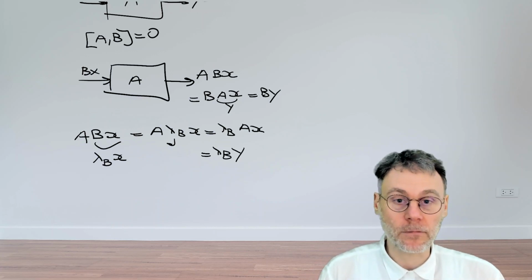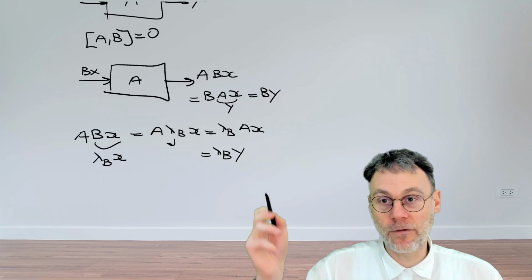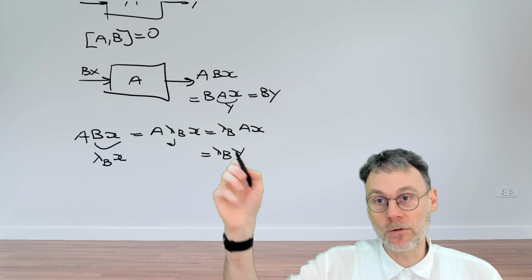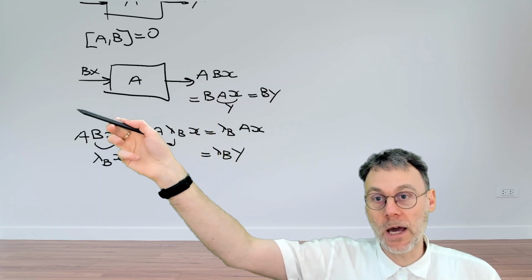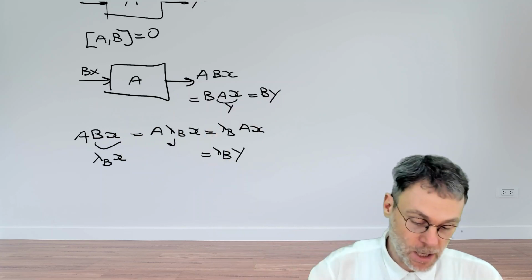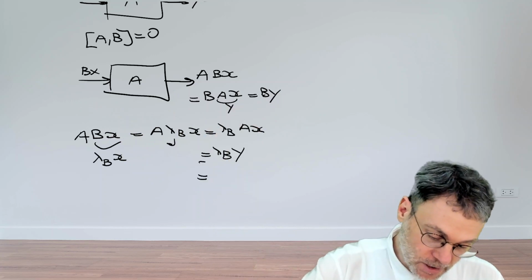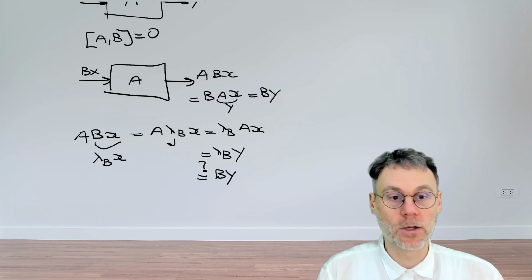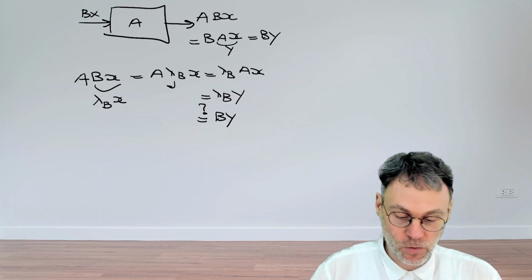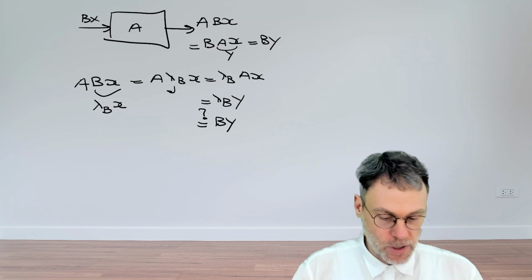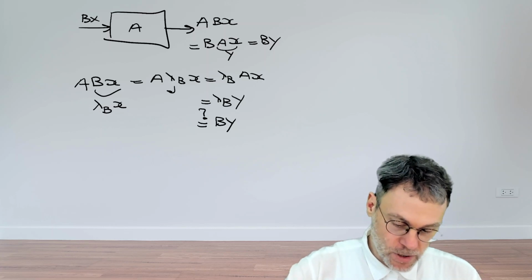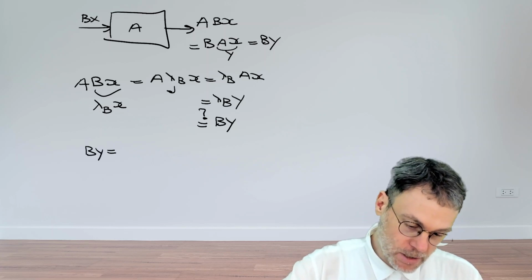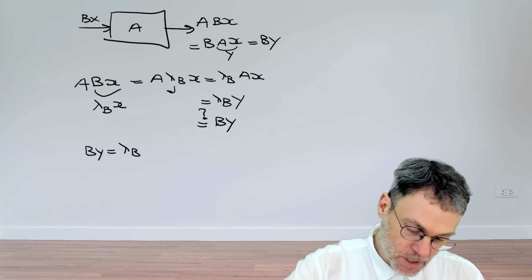Okay. Now, what we would really like to have is that we can also derive something similar, namely if A operates on Bx, we get back By. So we would like to have that this thing here is also equal to By. So this is what we need to look at. So actually, if I rewrite that here, we need to have that By is equal to lambda_B y.